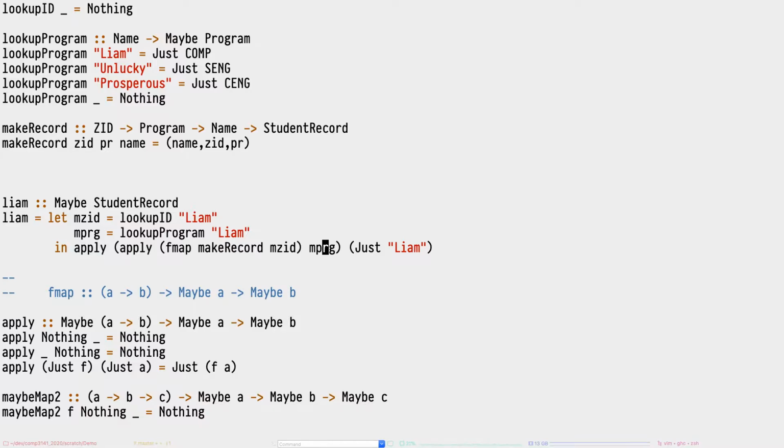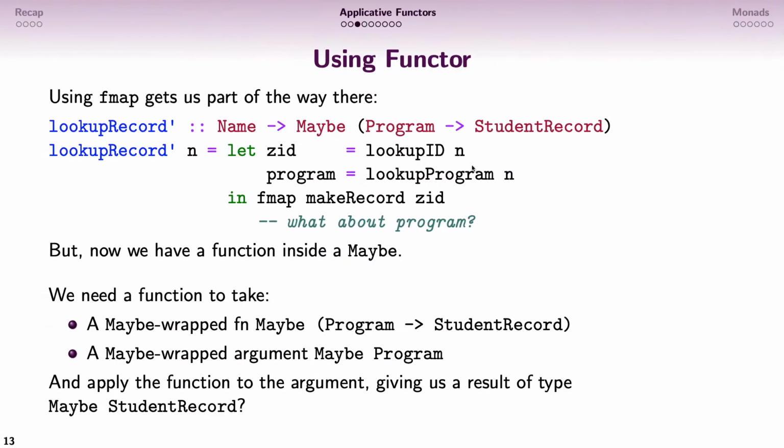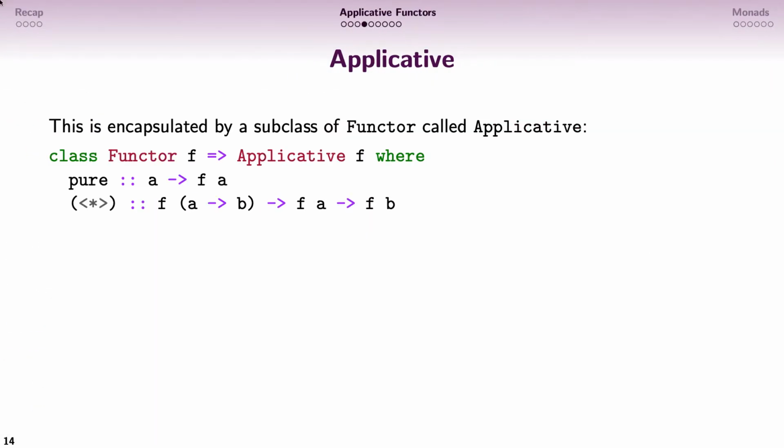So now, all of these examples just use maybe, but functor is much more general than maybe, and applicative is also much more general than maybe. It applies to many, many different types of structures. So what the applicative type class actually is, is this. It has to be a functor already, so we have to have fmap, but we also get pure, which we've seen before, right? We've seen it with IO and state.